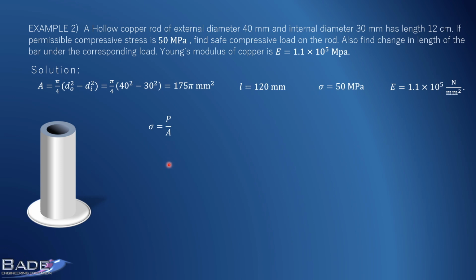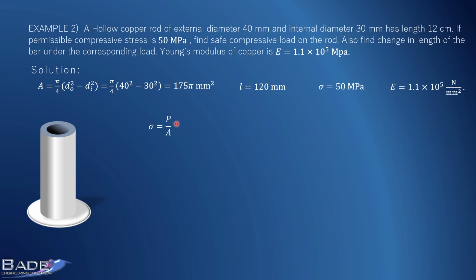So stress is P by A. When you use safe stress, maximum permissible stress, maximum allowable stress, that is also called working stress. That is, in working condition, stress must not exceed 50 megapascal. So when you use safe stress, you get safe load on the member.